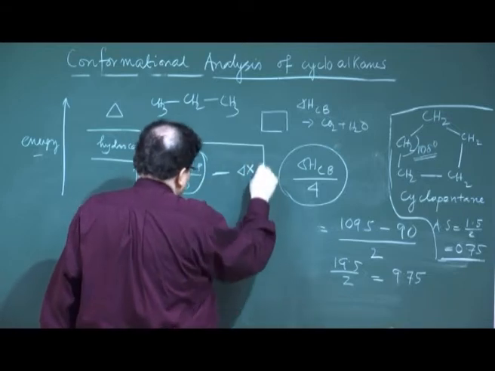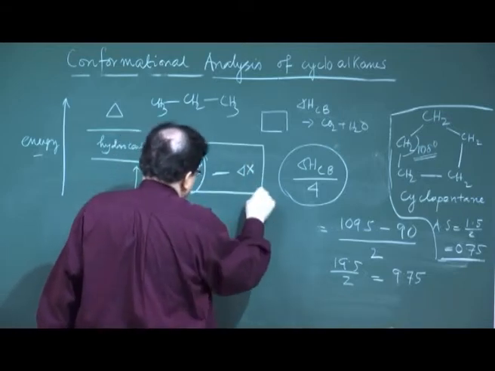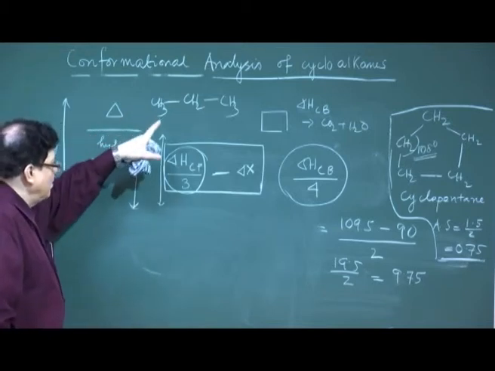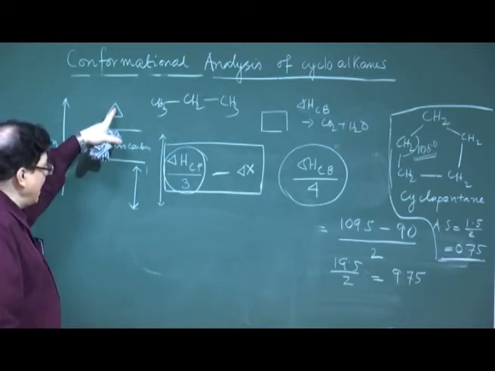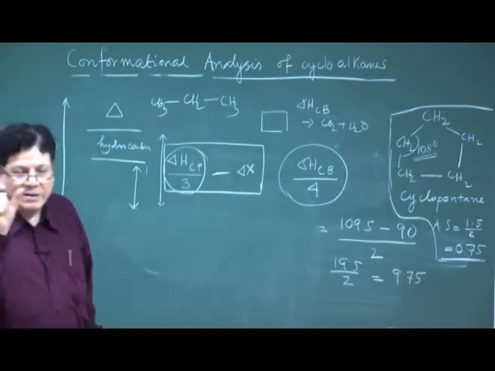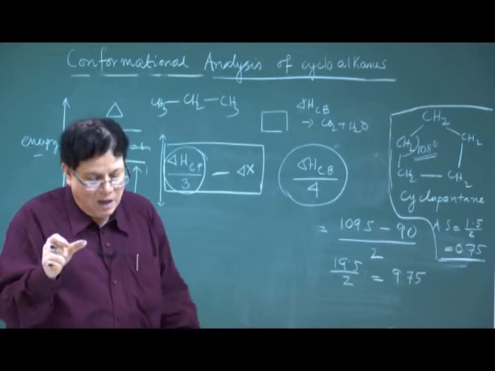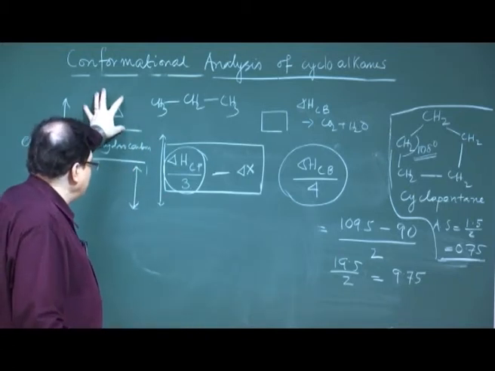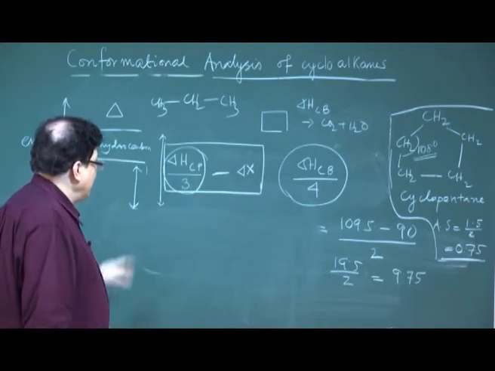So, you can see the extra energy that a cyclopropane methylene has over a methylene in a linear system. That difference also tells you about the instability of cyclopropane relative to a linear system.